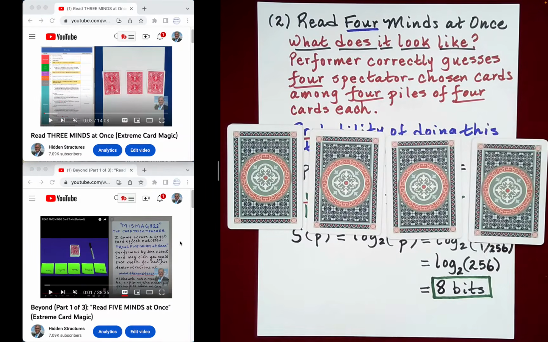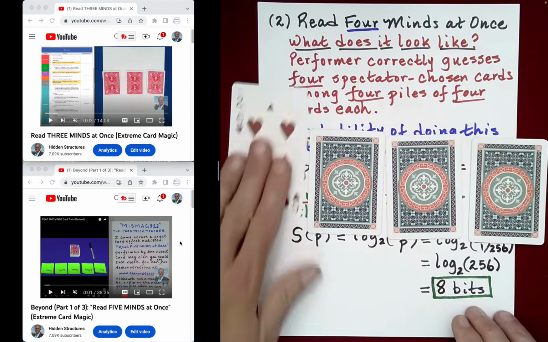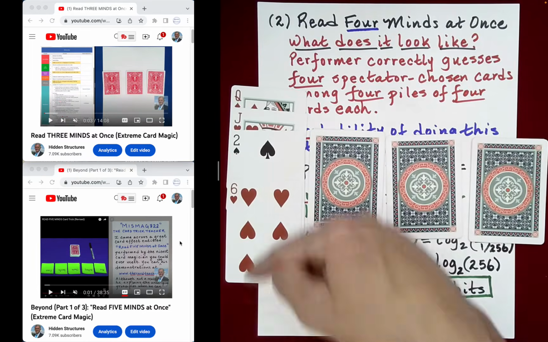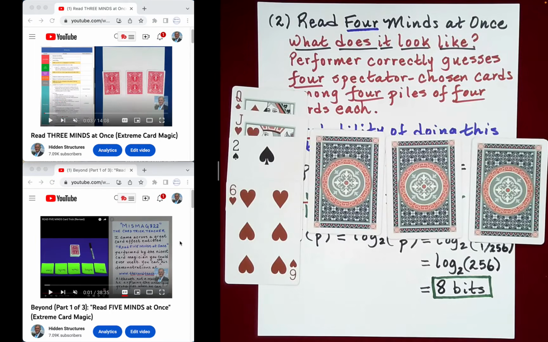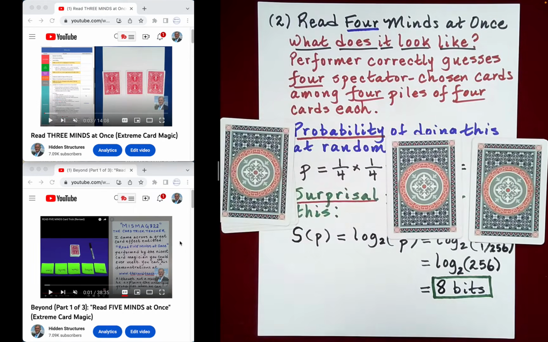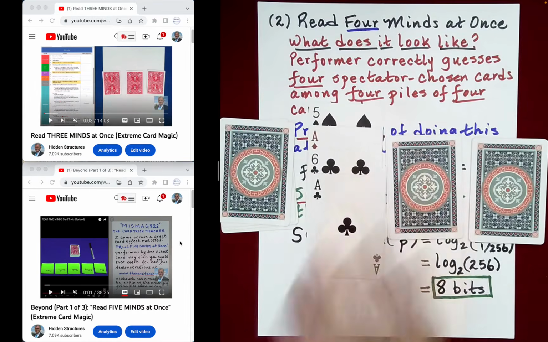So what does it look like again? Well, if you watch the video on the bottom left-hand side of the screen, what it looks like is each of these is turned face up, and the spectator is free to choose any one of these as their card from pile 1. And they would jot that down on their piece of paper, okay? They do the same thing for pile 2. They just randomly choose whichever card they would like or whichever speaks to them.